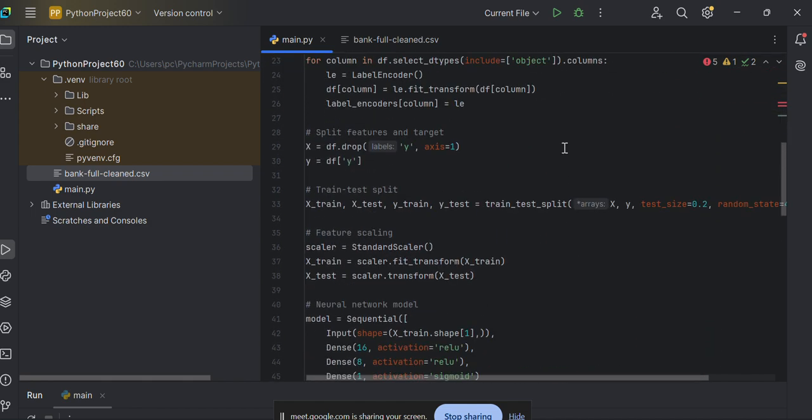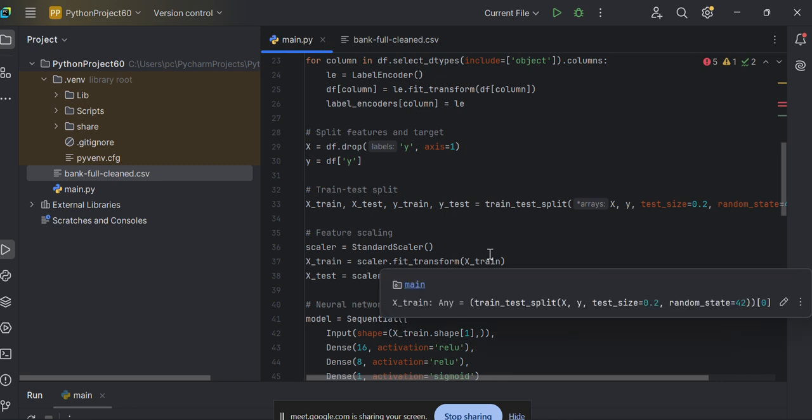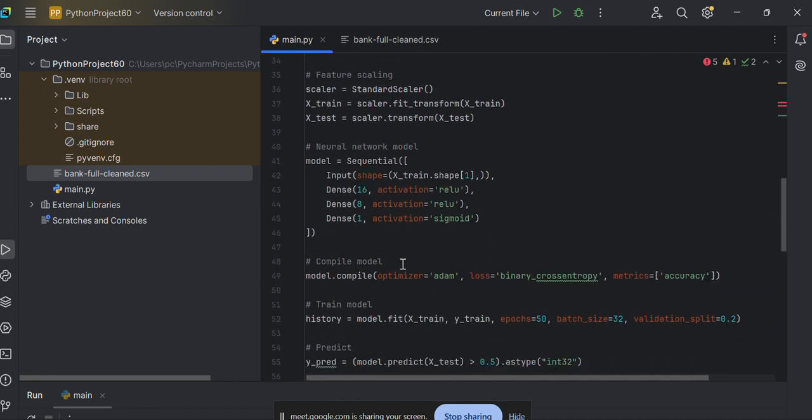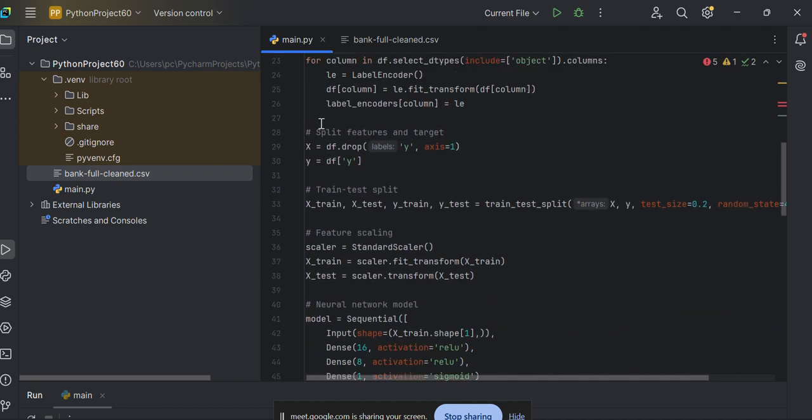After that, we split into features and target, X and y, and did the train test split: X_train, X_test, y_train, y_test. Then feature scaling with StandardScaler: X_train scaled with fit_transform, and X_test with scaler transform.